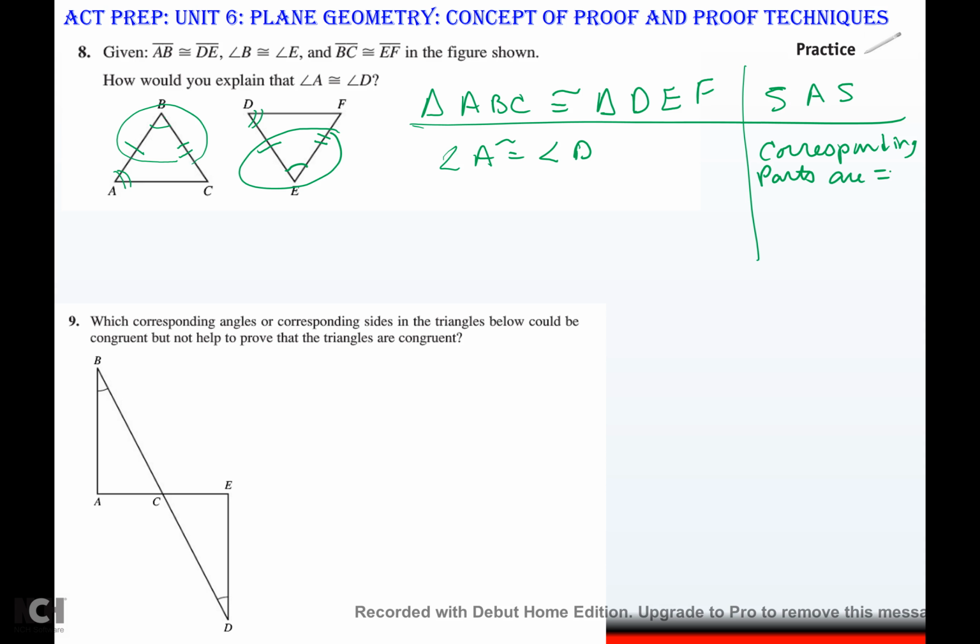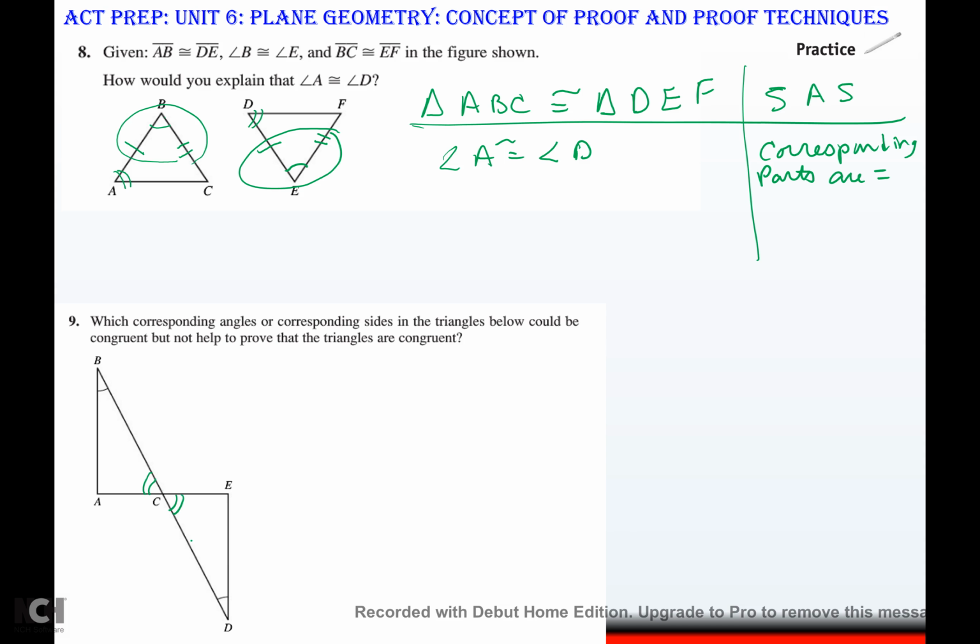Okay? Alright, 9 says, which corresponding angles or corresponding sides in the triangles below could be congruent but not help to prove that the triangles are congruent? Well, I can prove that angle C equals angle C by vertical angles. So I have two angles that I know are equal.